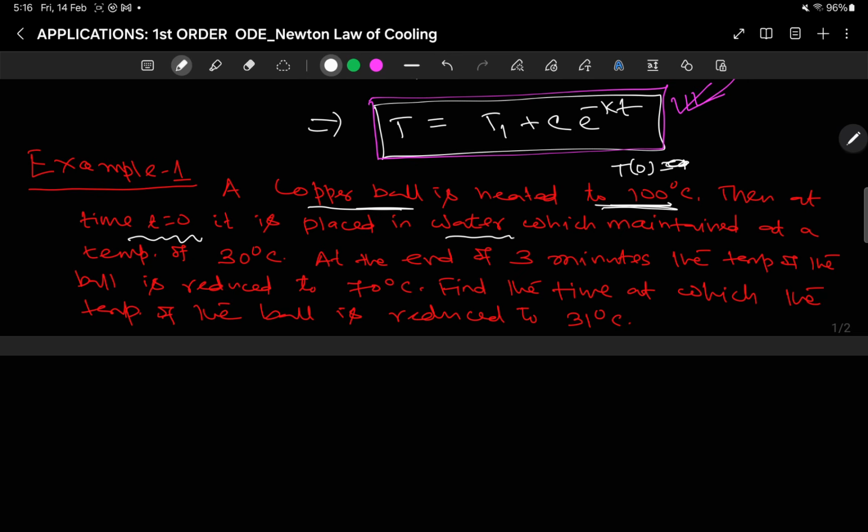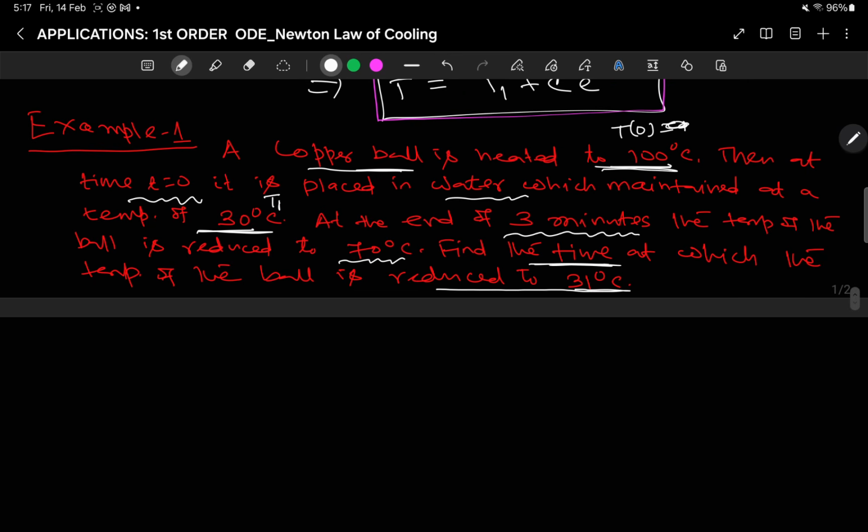It is placed in water, which is maintained at 30 degrees centigrade. So the temperature of the surroundings is 30 degrees centigrade. At the end of 3 minutes, the temperature of the ball has dropped to 70 degrees centigrade. Gradually it will decrease because the surrounding is 30 degrees centigrade. So we have to find the time at which the temperature of the ball is reduced to 31 degrees centigrade.